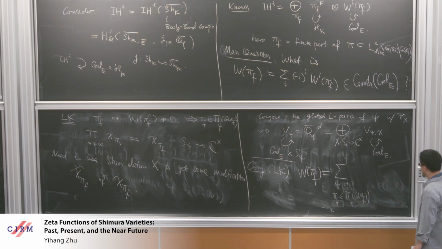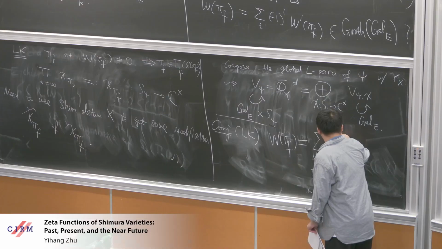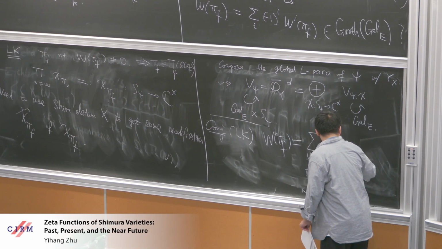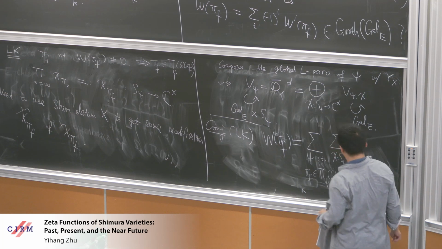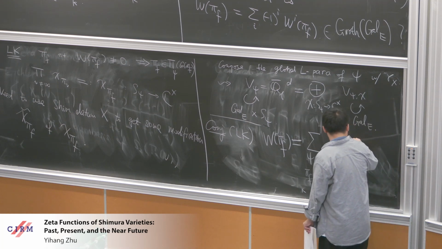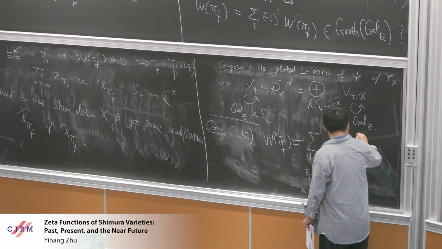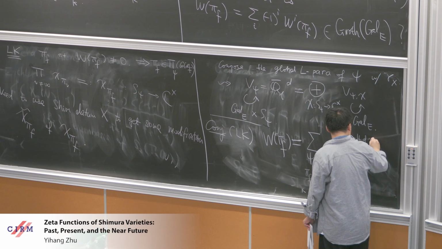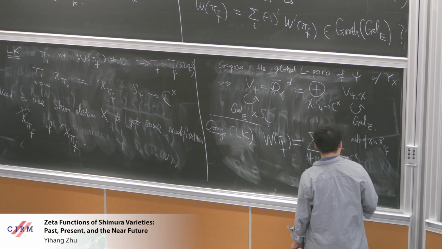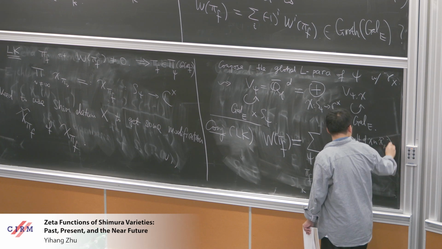And then you sum over all the possible χ, all the characters of S_ψ. Okay, and then you look at the multiplicity of χ in χ_π_f tilde. So this is a number which is either 0 or 1.